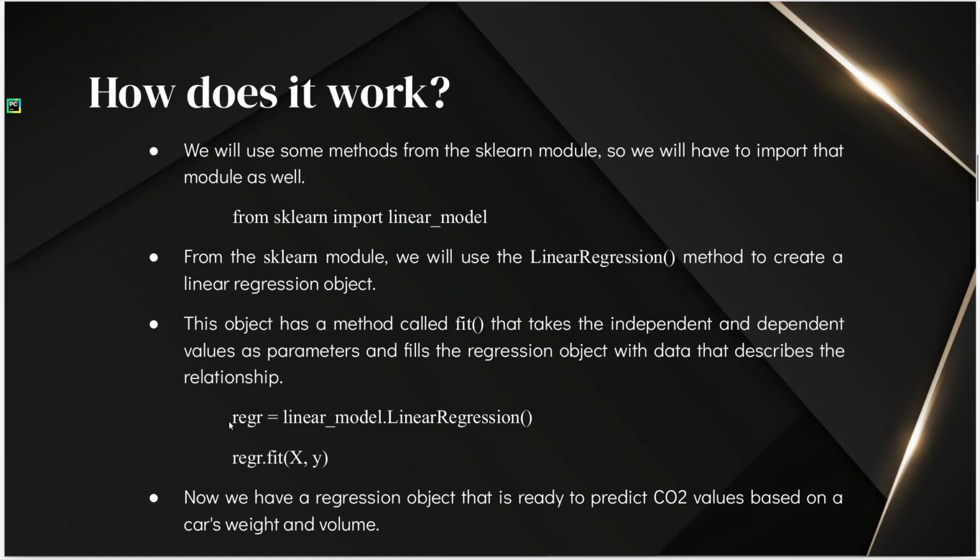So here we create this model with linear_model.LinearRegression and fit it using X and y, the two lists that we had. Now regr is an object that is ready to predict CO2 values based on the car's weight and the size of its engine.